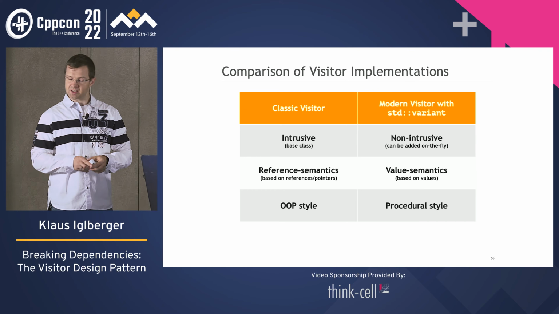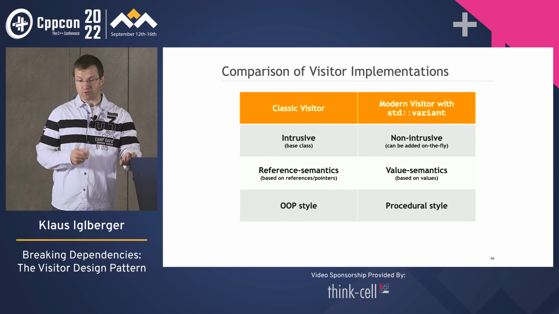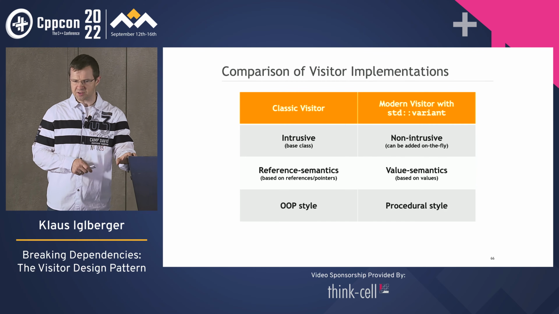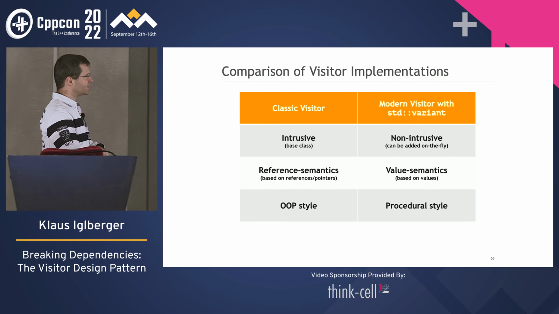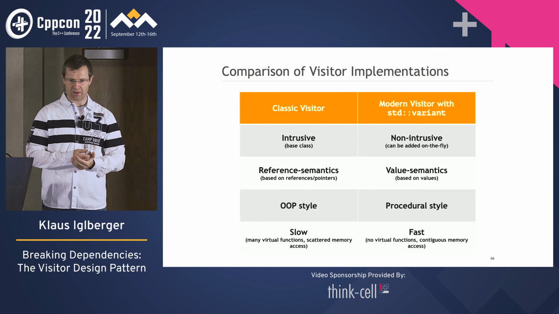Then the classic visitor is an OO style, an object-oriented programming product, whereas the right thing, I would say, is a procedural style. Some say perhaps it's going a little in the functional direction, but it definitely is the good old thing. And from a performance perspective, I think this was obvious.